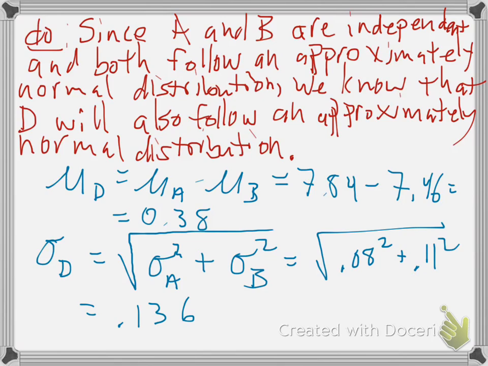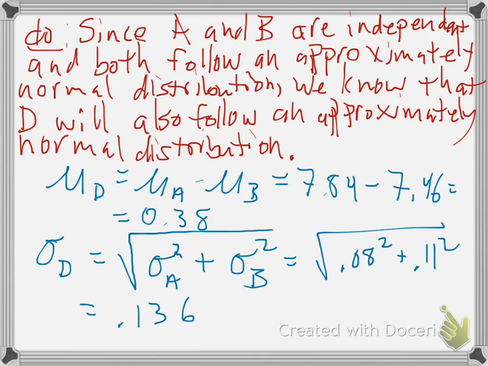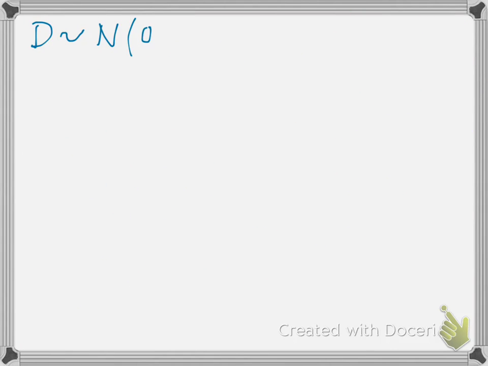So we know now that D follows an approximately normal distribution with a mean of 0.38 and a standard deviation of 0.136. Again, let's remind ourselves, what are we trying to solve?